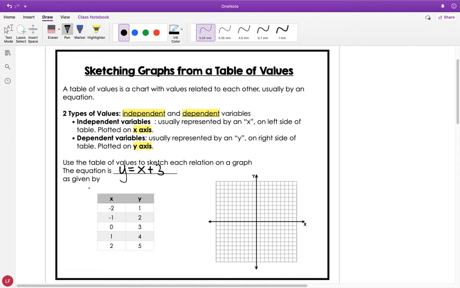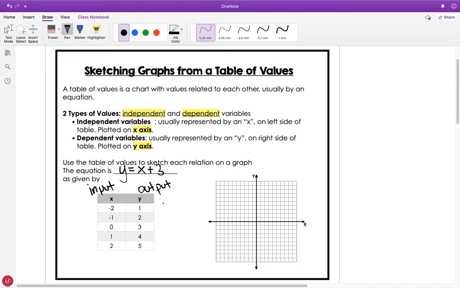So this x is the input, and the y is the output. So if you look at this equation, you input the x, so you put in -2, you add 3, and you get 1, which is the y.